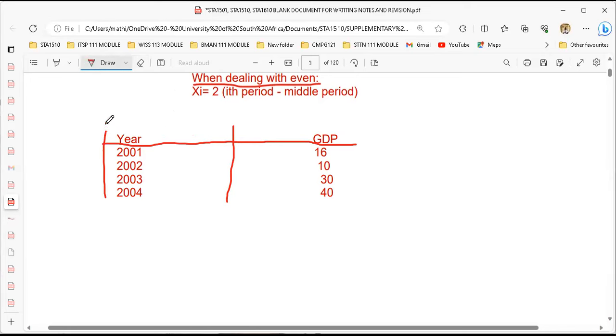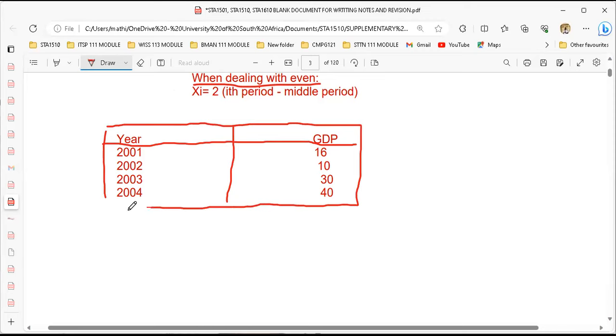This is my table. I'm also going to like this so that you can all see this. It's like this. This is my table. I have the year and then the GDP.